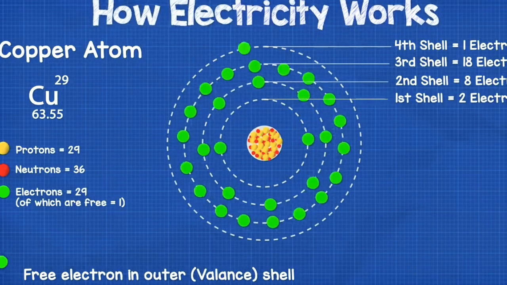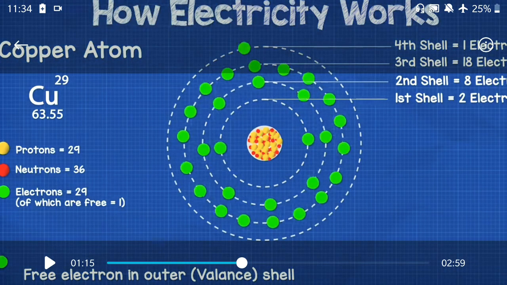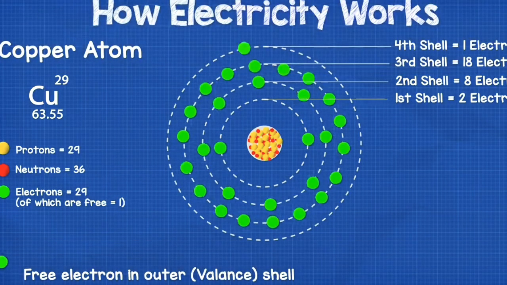For example, for copper, the number of protons is 29, neutrons 36, and number of electrons is 29. So the proton and electron number will always be equal. So from the proton number we can suggest the number of electrons.